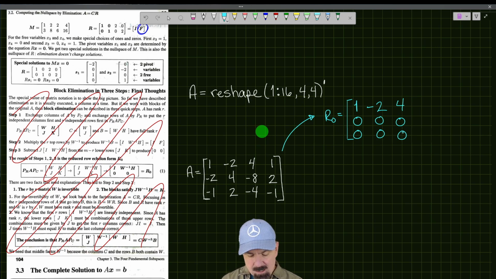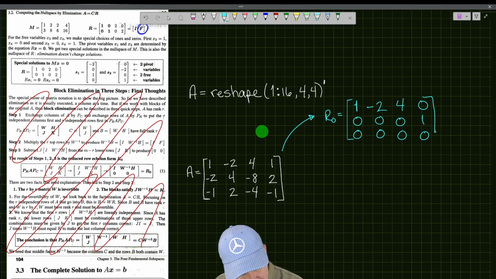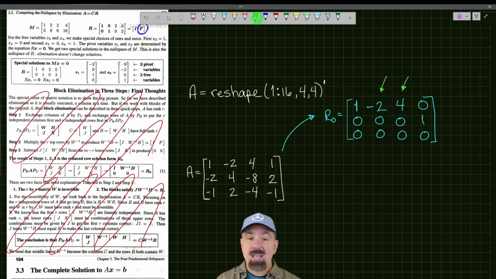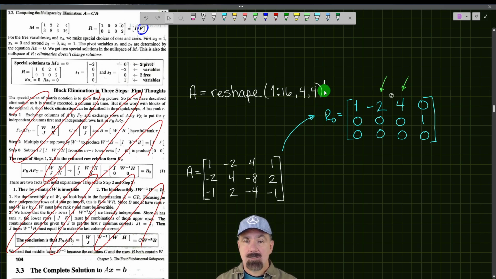And then the last column is linearly independent from all of the previous columns. So that gets something that looks like this. And that's our RREF. And we can see from that that we have 2 free variables, x2 and x3. And now you know how to use those free variables in order to find the special solutions and ultimately find the null space as the span of those special solutions, that basis.